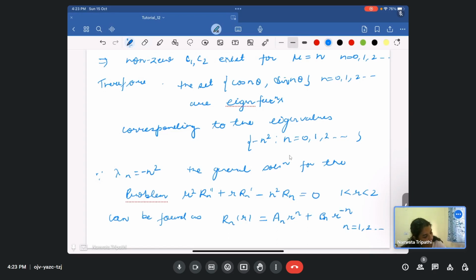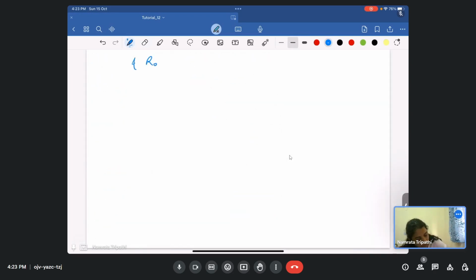So for n equal to 0, we'll get, fine. So we can write u of r, theta as the product of these.